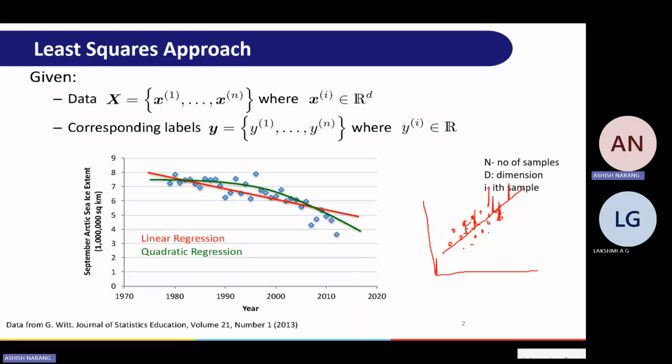Now, the distance of the point to the line is called the residual error. So we find the distance of every point to this line. If the point lies on the line, this distance would be 0. If it lies above the line, this distance would be positive. If it lies below the line, this distance would be negative.